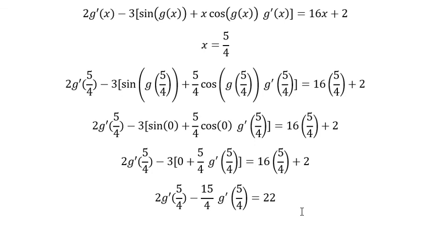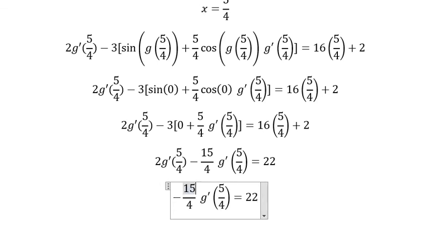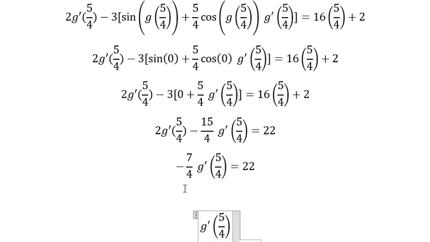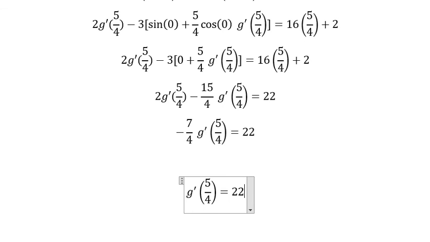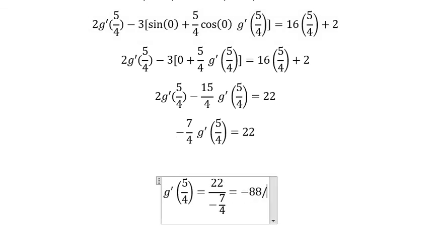Next, number 2 minus 15 over 4, that is negative number 7 over 4. And now we divide both sides by negative number 7 over 4. So we have number 22 divided by negative number 7 over 4, and this one we have negative 88 over 7.